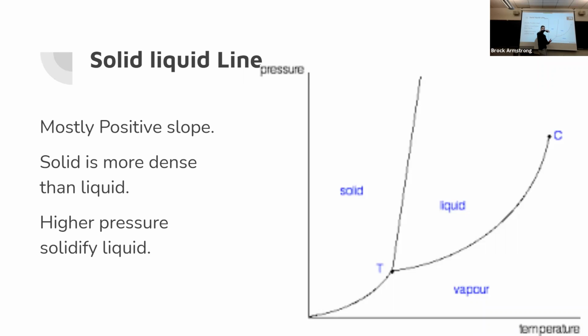And as we keep compressing, that liquid will get more and more dense under the pressure, and will eventually cross that line and become solid, showing us that the compound or molecule, whatever this is right here, has a more dense solid than it does liquid.